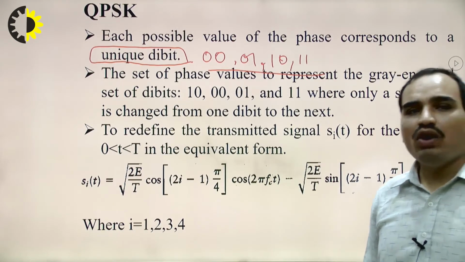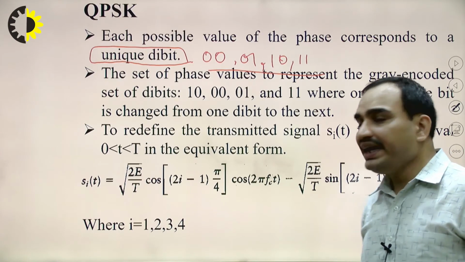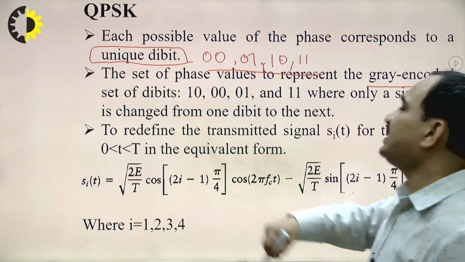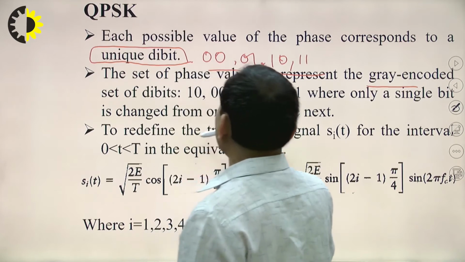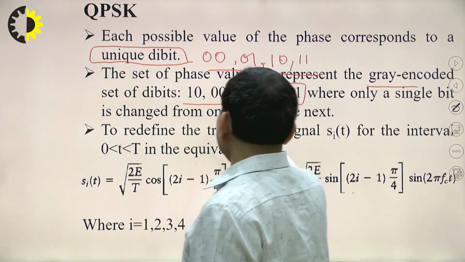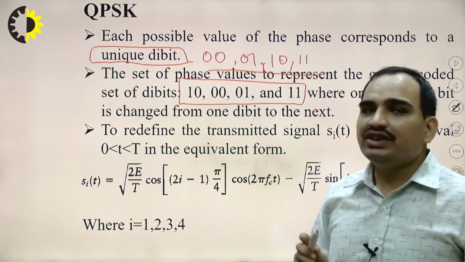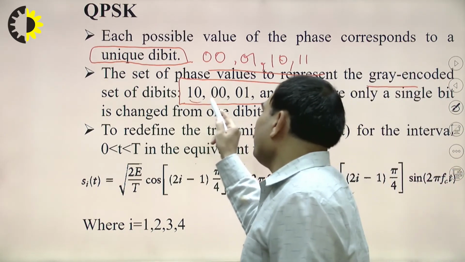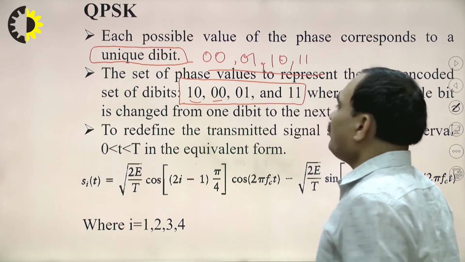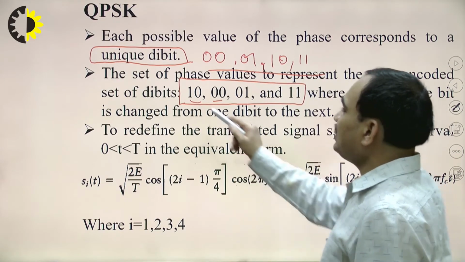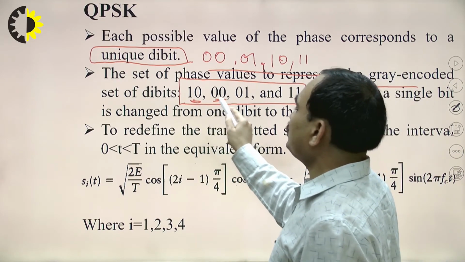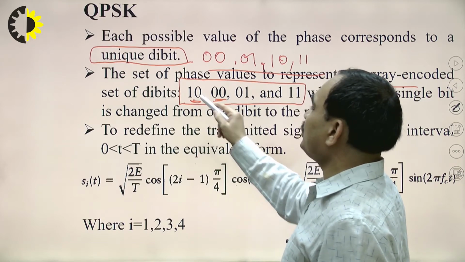The set of phase values represents the gray encoded set. In the gray encoded set, each and every dibit is separated by a single bit, or you can say the distance between two adjacent symbols is 1 bit. So we have 10 and 00, where the difference is only 1 bit.